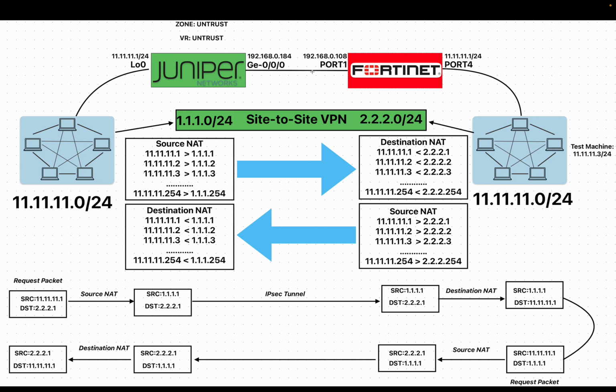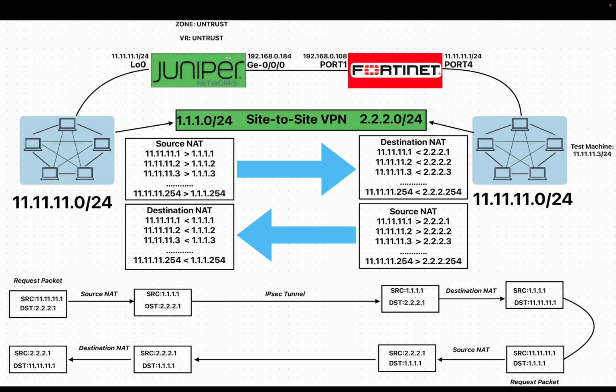On Juniper, you have the external interface G0/0/0 with an IP of 192.168.0.184, which is going to be the outgoing interface for the IPsec site-to-site tunnel. And the internal interface is going to be loopback 0 in our case, since we are testing, which will have an IP of 11.11.11.1/24.